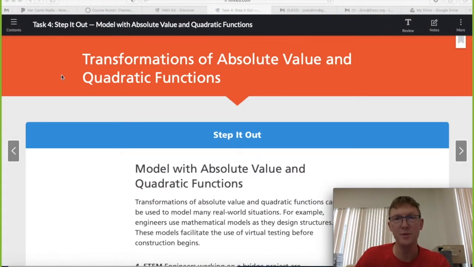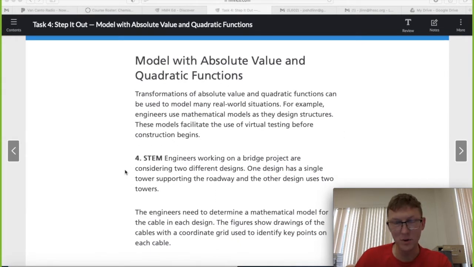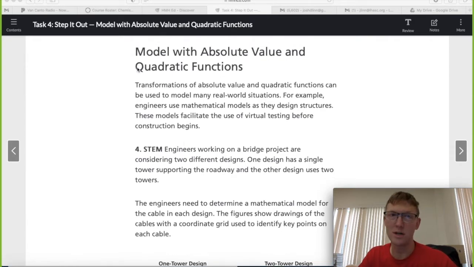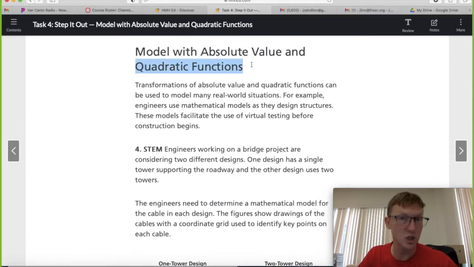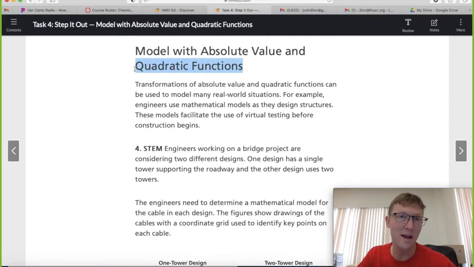Model with absolute value and quadratic functions. This is their stab at a real world situation. And of course, engineers, especially structural engineers, are going to use precise formulas like these all the time. For example, the St. Louis arch is what is called a catenary arch, which can be expressed as a quadratic function.